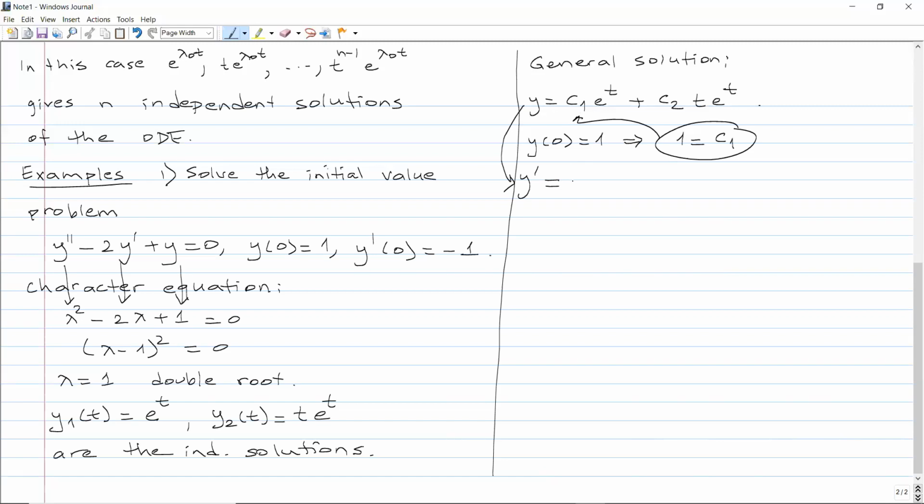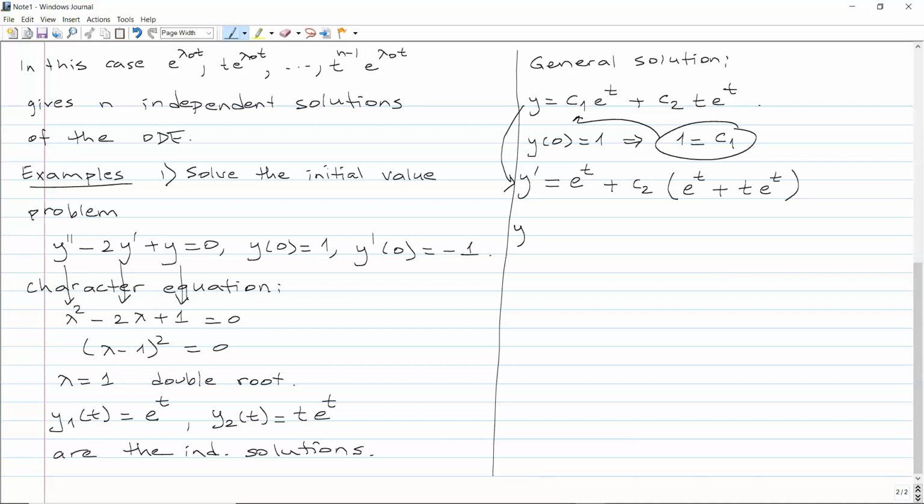The derivative of e to the t is, again, e to the t. Plus C2 is constant. We need to differentiate t times e to the t. We use the product formula. The derivative of t is 1 times e to the t plus t times the derivative of e to the t, which is, again, e to the t.